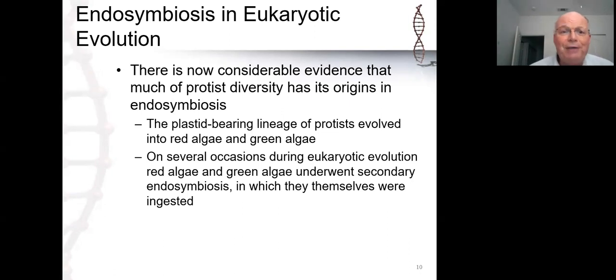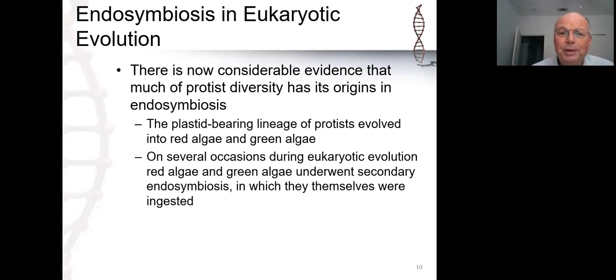It's what happens after that that really creates a lot of, I don't like to use the term confusion because we're not really that confused in terms of what we think happened. I'll use the term complexity.